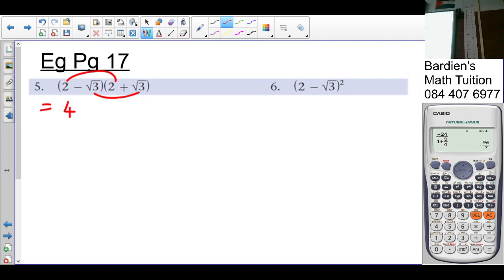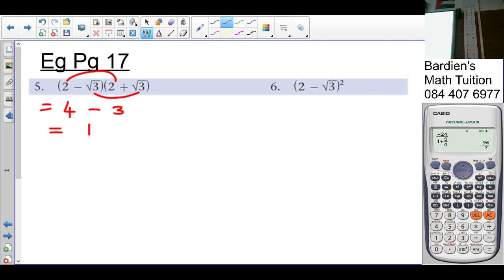Negative root 3 times positive root 3 is negative 3. And 4 minus 3? You will agree with that. For those of you who went over the full story, you would have gotten 4 plus 2 root 3 minus 2 root 3 minus root 9, which is minus 3, sorry. And then you get 1 anyway.